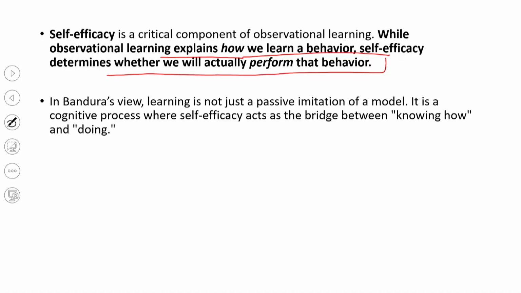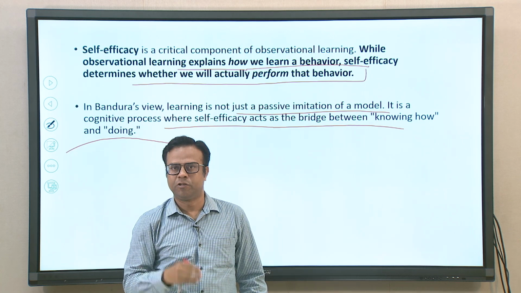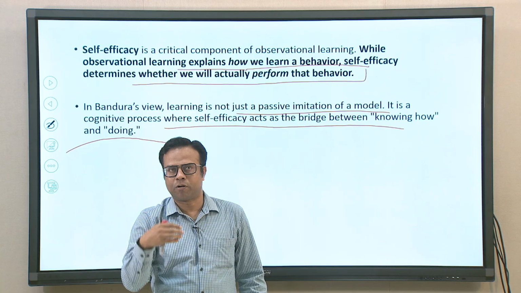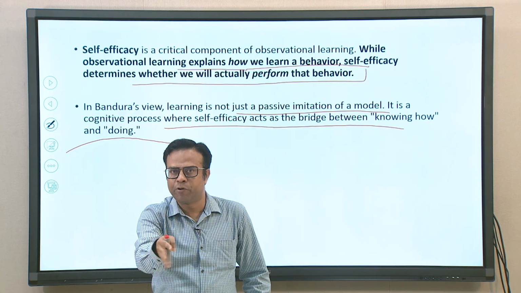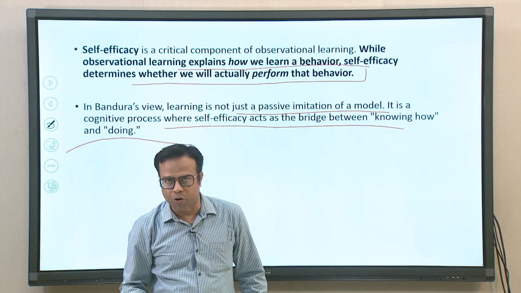So, learning is not passive imitation. It is a very active cognitive process where self-efficacy is a bridge between knowing how and doing it. You may know a lot of things, but actually doing it may require self-efficacy. You believe that I can do it. If you are not confident about it, then probably you will not do it. So, self-efficacy is linked to observational learning in that context.